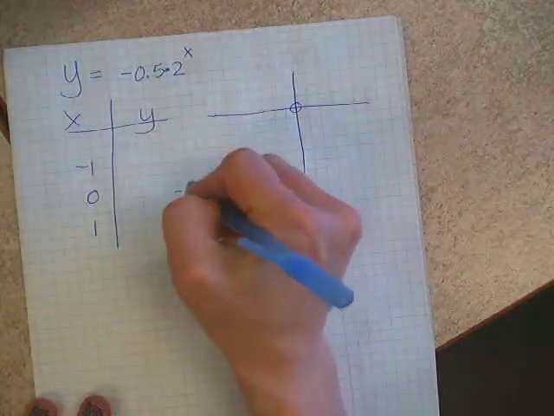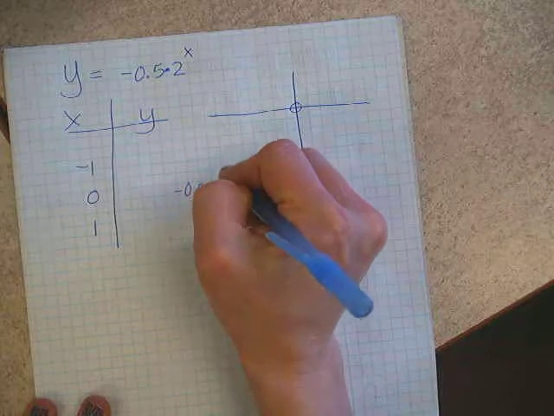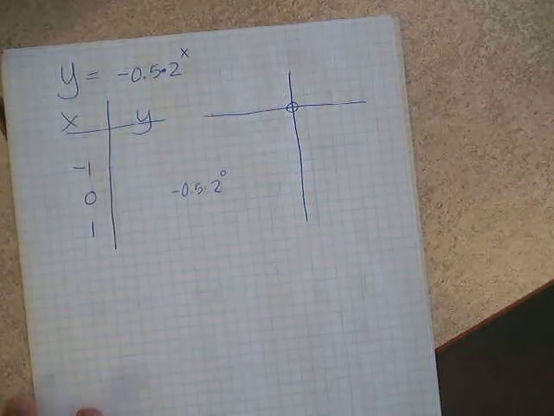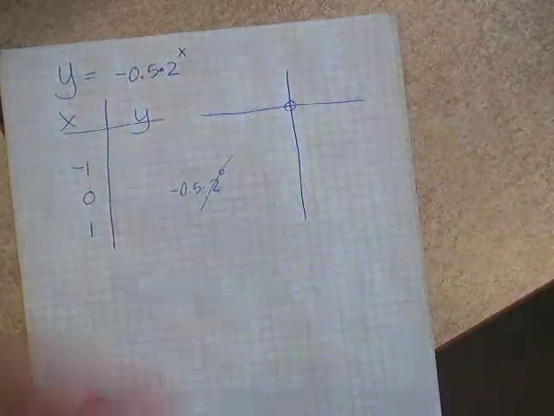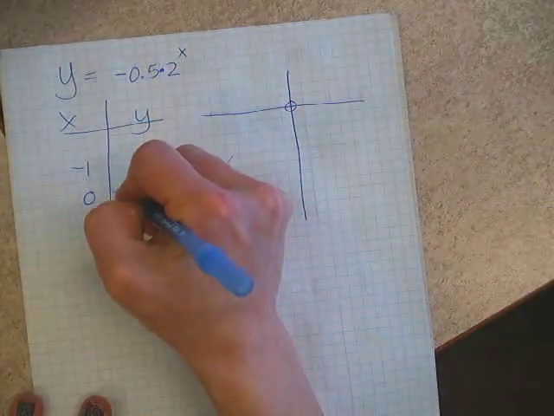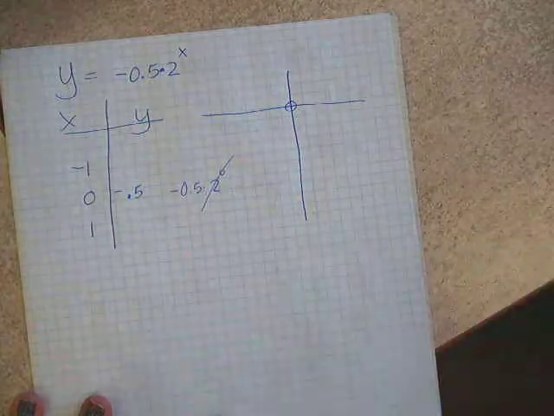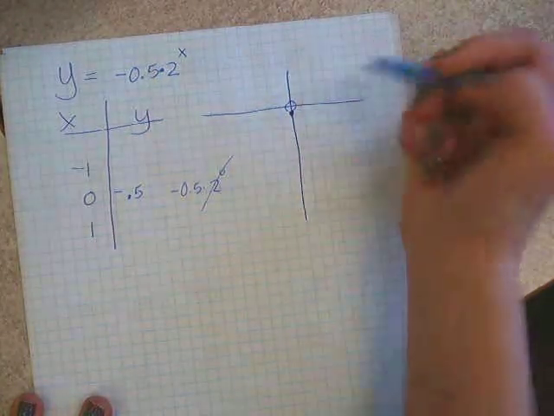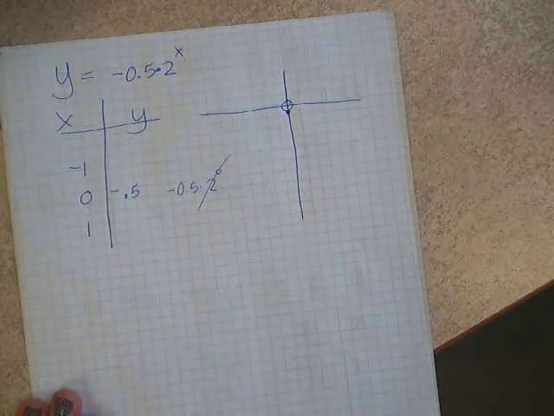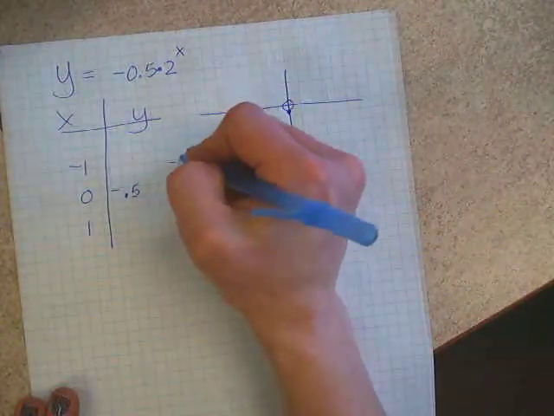Now we said this one should be on the lower side of the x-axis, right? Because that's negative. All right, so if I put in 0, that's an easy one to do. What do I get out?